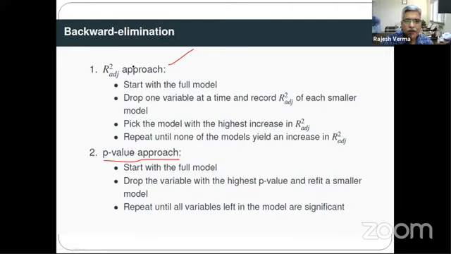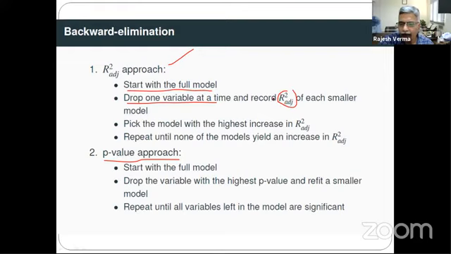So in backward elimination, we start with a full model. All possible variables on which the response variable may depend are included in the model. And then we drop one variable at a time. Out of all these variables, we drop one variable and record the adjusted R-square value of each smaller model. If suppose there are 9 variables, we remove one variable and find the adjusted R-square value and note that.